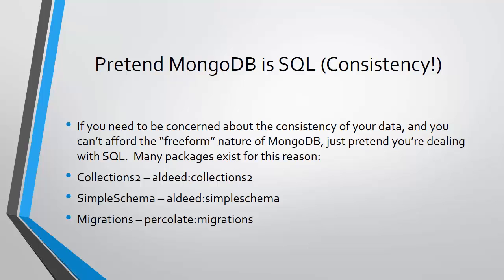Through the use of packages like collection2 and simple-schema, and the use of migrations by Percolate, you can sort of transform this concept of a collection into more of a SQL-style table, because you're able to create a schema that has required properties of incoming documents and requiring types and whether or not they're optional, similar to fields in SQL tables, and whether or not they can be null, and setting specific types on them that have to be matched, providing validation for data coming into your application.